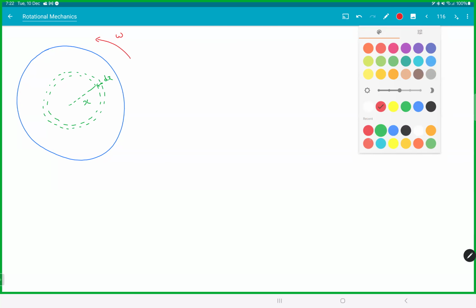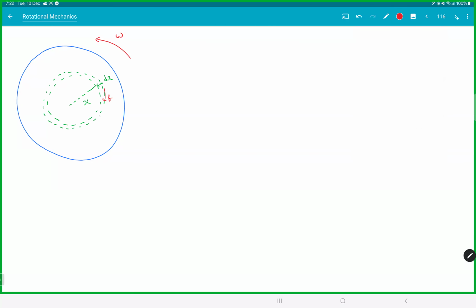And if you look at the friction here, this is how it looks. Friction will be backward. So friction will be circular. So if the disk is rotating anti-clockwise, friction will rotate clockwise. Both will be in the opposite direction because it is skidding.